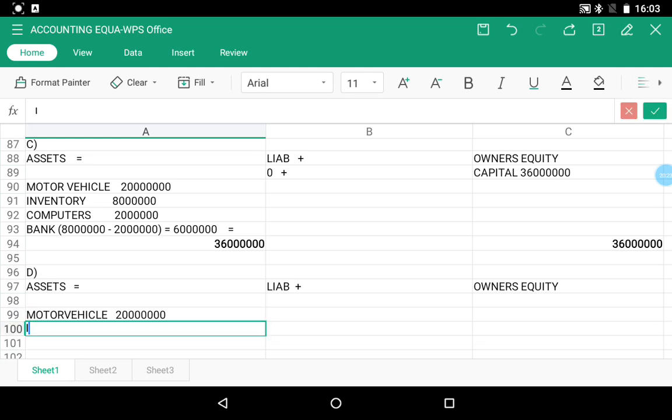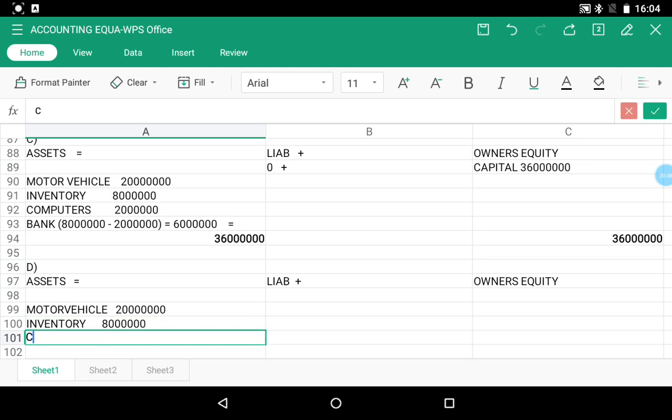We have inventory, $8 million. We have computer, 2 million.